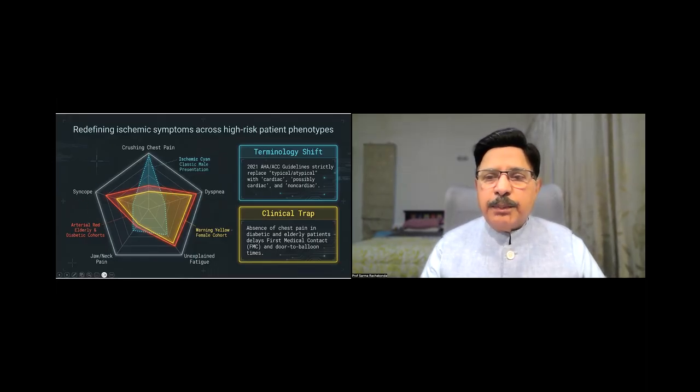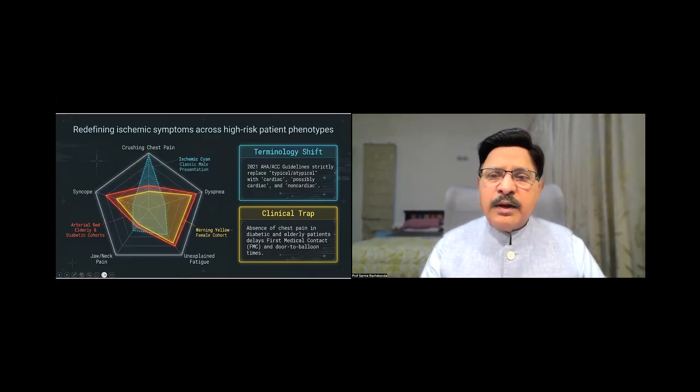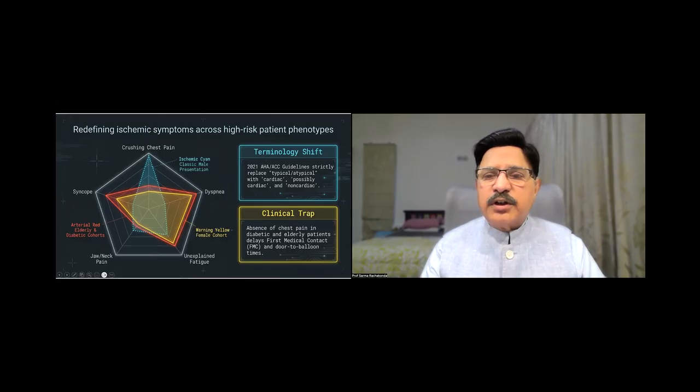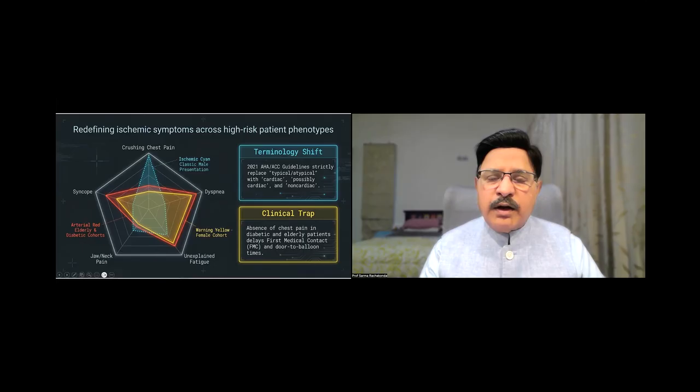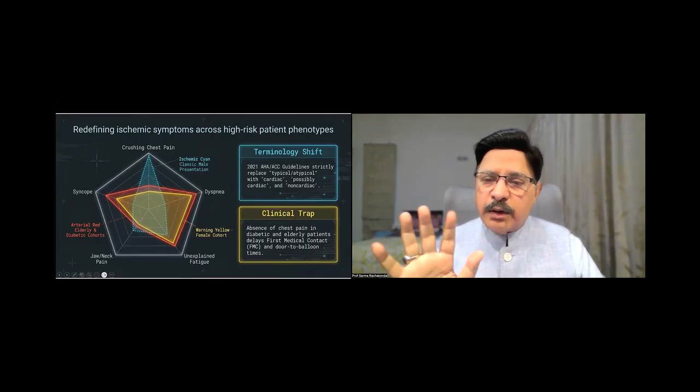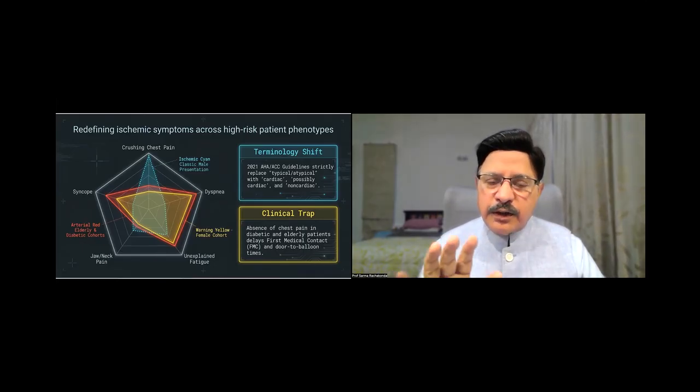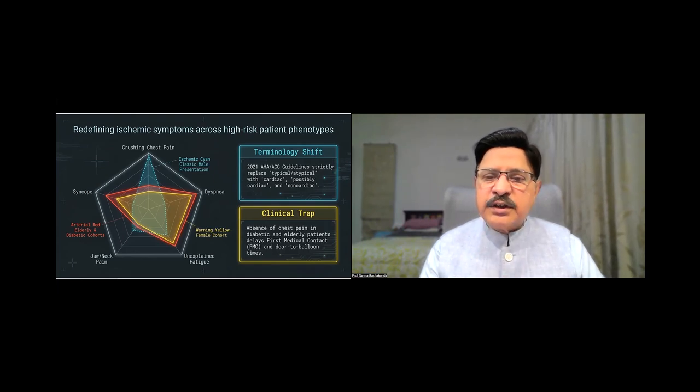Terminology shift: typical and atypical is abandoned. Cardiac, possibly cardiac, non-cardiac is today's presentation. Clinical trap: absence of chest pain does not rule out myocardial infarction, particularly in diabetic and elderly patients.